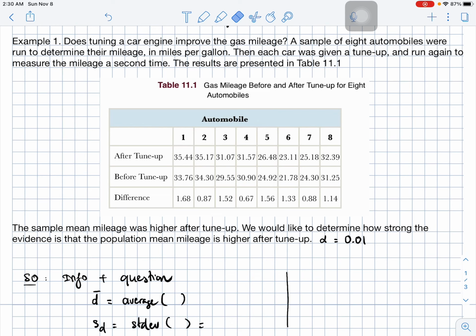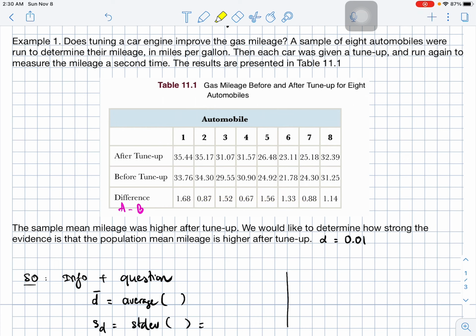So we notice that they already calculated the difference for us. In this case, they use the difference as after minus before. And they got all positive numbers, 1.68, 0.87, 1.52, and so on. How do we get those numbers?